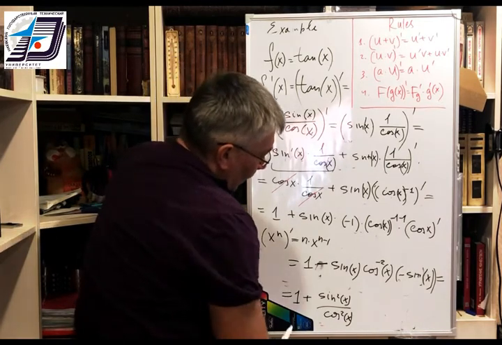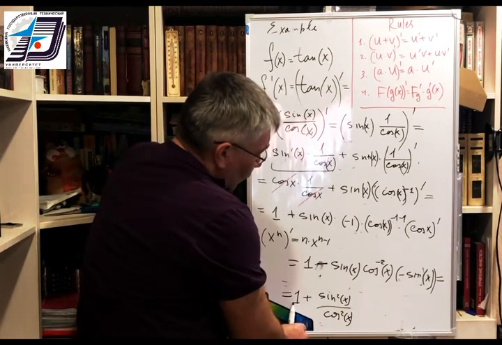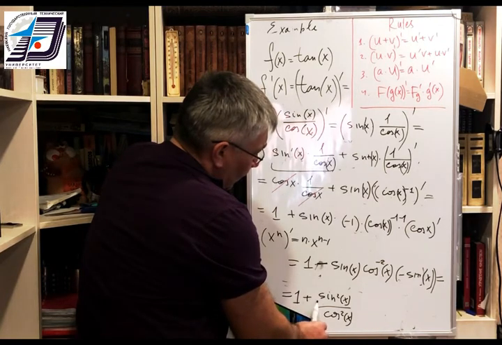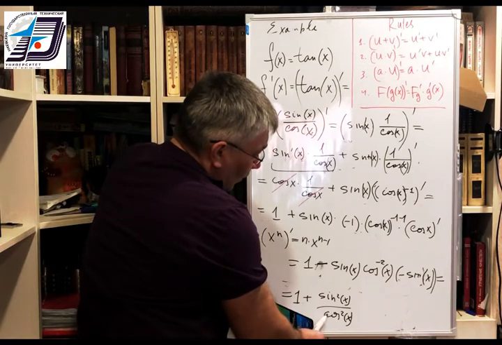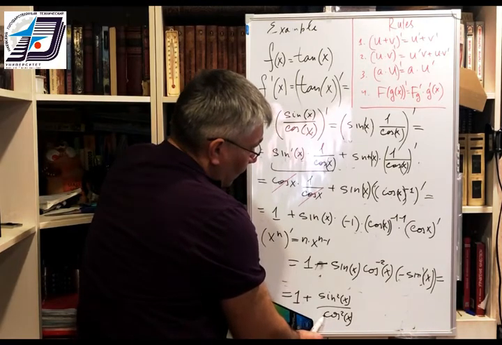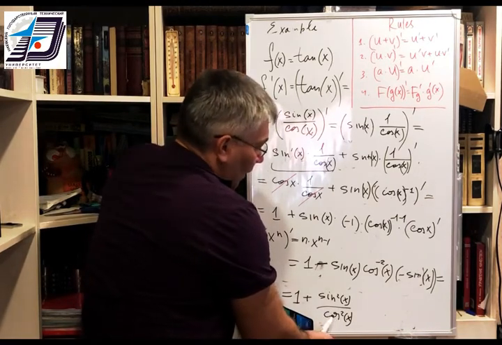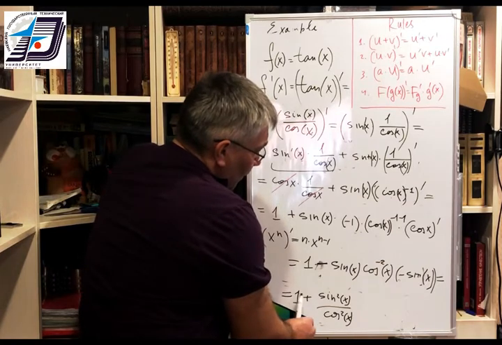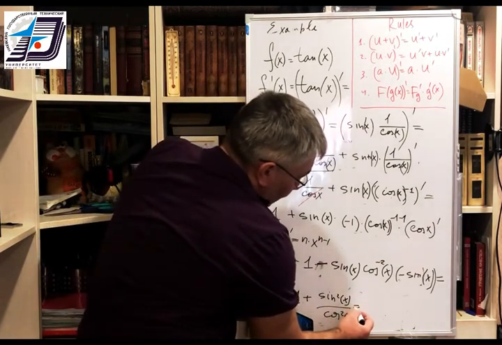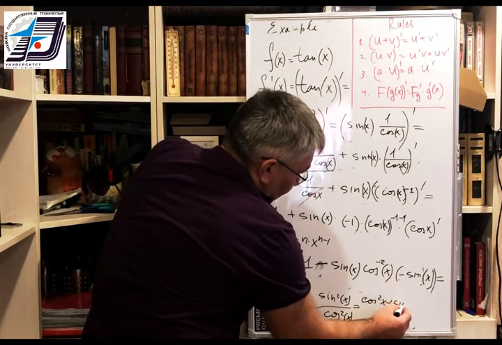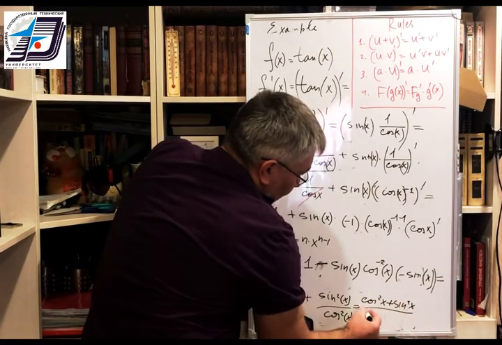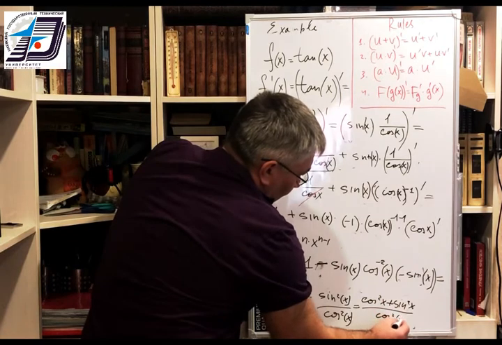Okay. Now we have the addition of a number and a fraction, and the common denominator is cosine squared. So it is cosine squared plus sine squared over cosine squared of x.